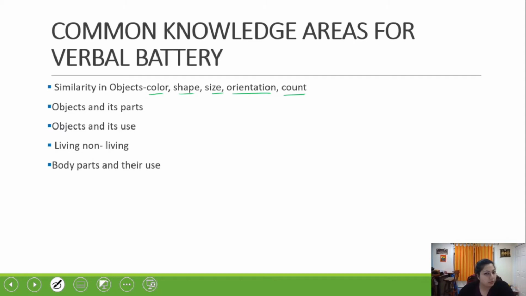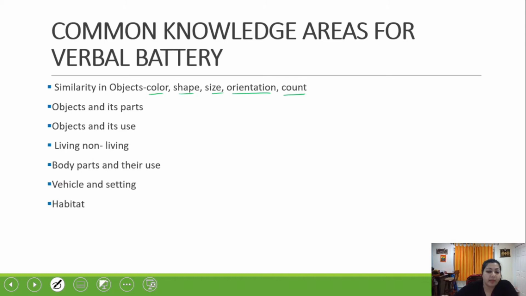Body parts and their use, as in function, like we use our ears to hear, we use our eyes to watch, very simple stuff. What do we use it for? Legs to walk. Vehicles and setting. Classic example will be a train in a station. Other examples will be a police car in the police station, a little bit more detailed.